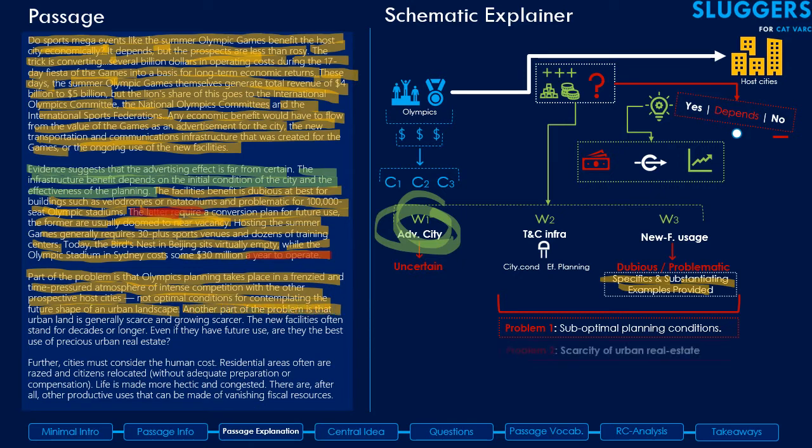Another part of the problem is that urban land is generally scarce and growing scarcer. The new facilities often stand for decades or longer. Even if they have future use, are they the best use of precious urban real estate? Okay, now he's stated the second problem here.